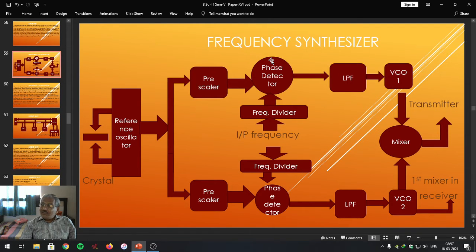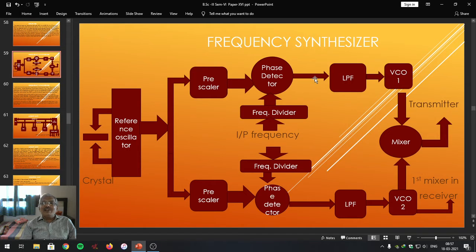If you remember the block diagram of the PLL, it begins with the phase detector to which the input frequency is provided. Then the error amplifier. After comparing the two frequencies, it generates a DC error signal.